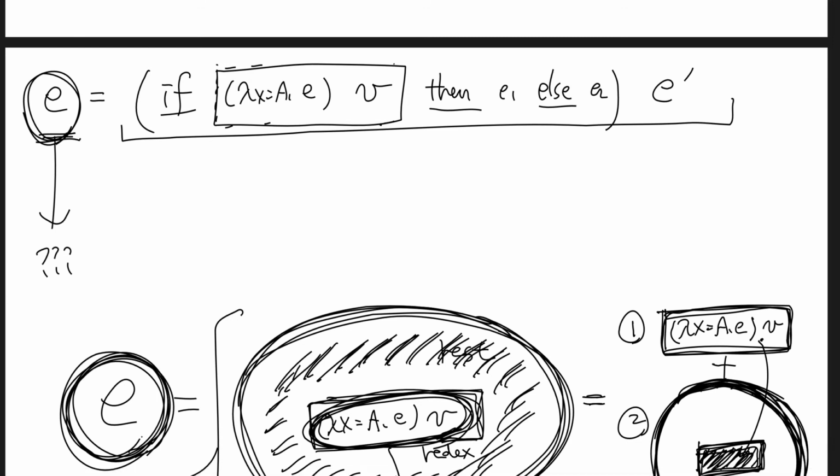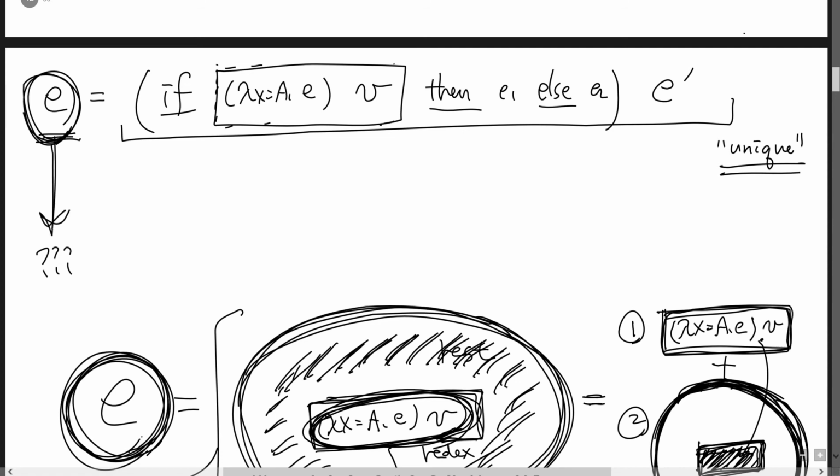I'd like to emphasize the word unique, because if this expression is reducible, then there must be a unique sub-expression that is going to be replaced by an application of a beta reduction. So we assume that the reduction strategy is deterministic. So this expression is reducible, so there has got to be a unique redex somewhere inside this expression. And in this particular example, this is the unique redex.